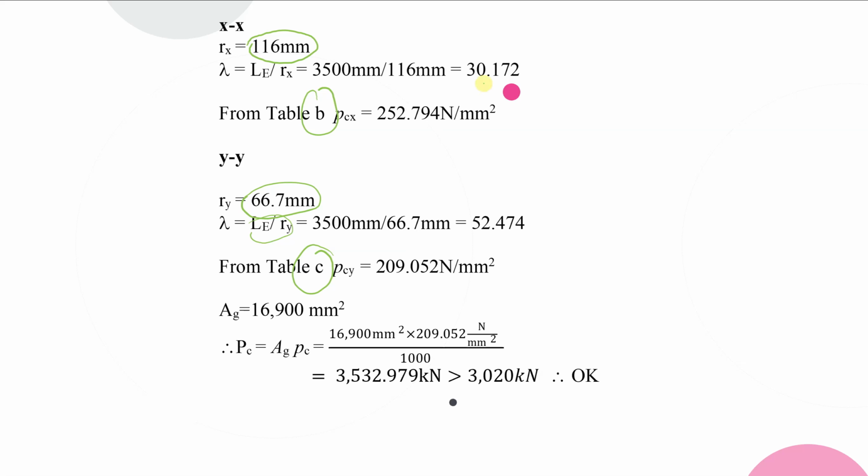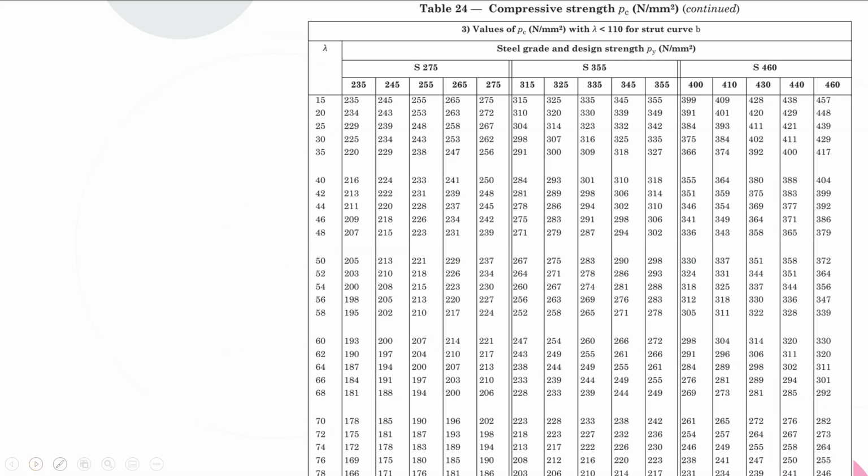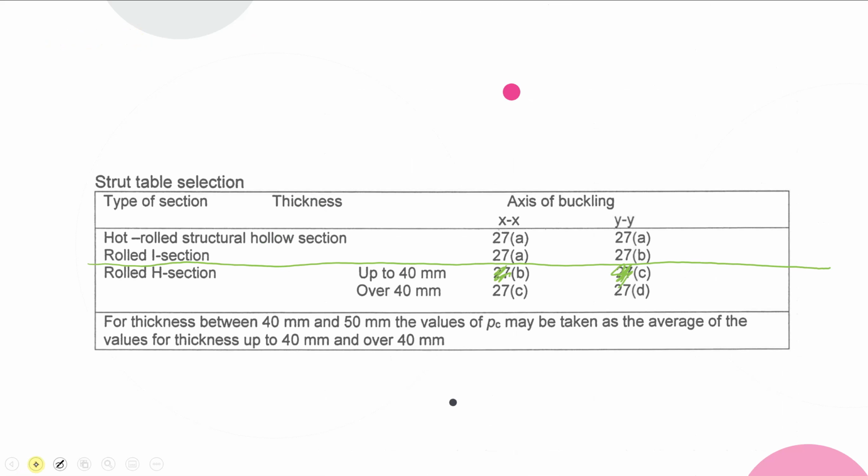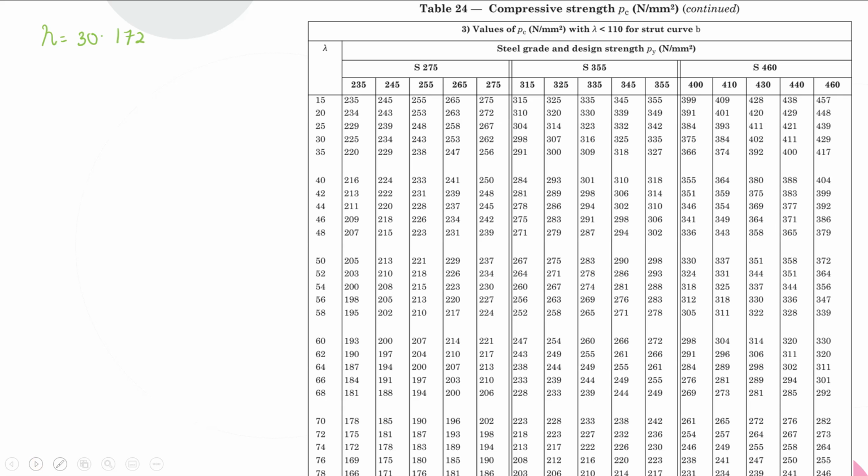Okay, so the slenderness ratio is 30.172. Correct, I'm afraid of making mistakes again. Okay, alright, so when it is 30.172 and Py is 265, it must be at this area.